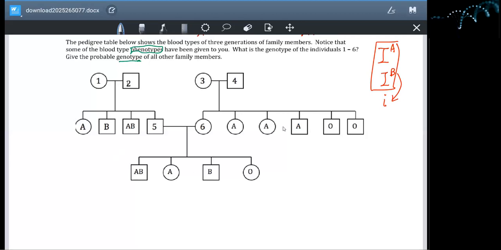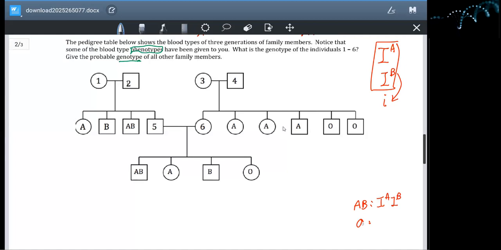Okay, so within blood type group, what are the known ones? The known ones are actually blood type AB and O. So always list these two first. What is the genotype of blood type AB? What two alleles? Yes, you have big IA, big IB.